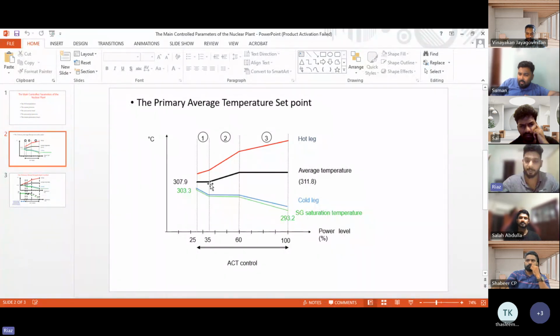If the generator side is reducing power generation, sorry, the power generation is directly proportional to the reactor.